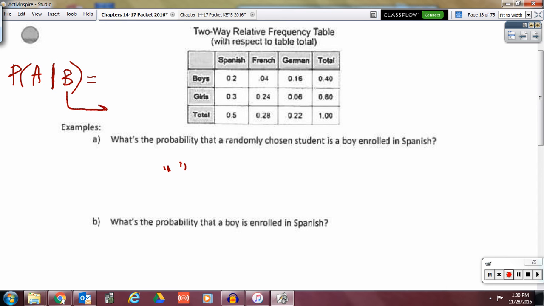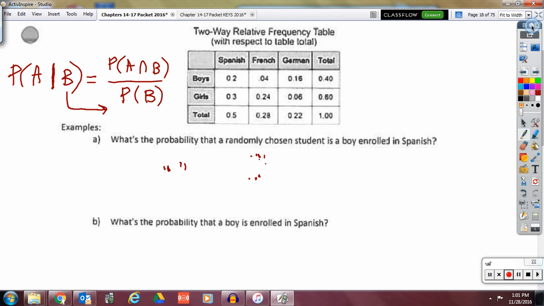Yeah, this second one is what goes on the bottom. So out of all the probabilities of B, what's on top? A and B. I need A and B occurring at the same time on top. A and B out of all the B's. Okay? All right, so there's our formula that we're going to use now.